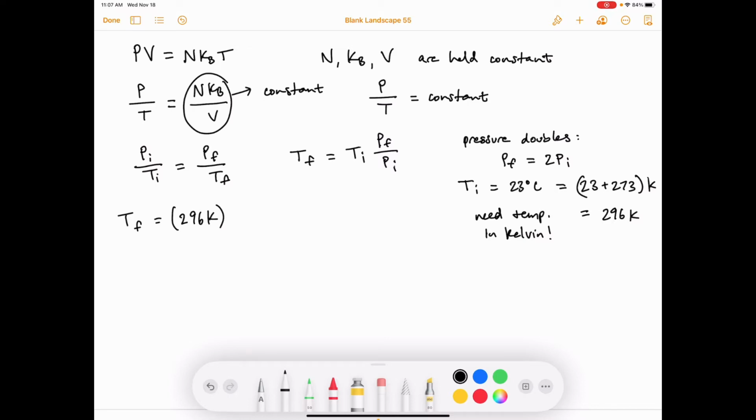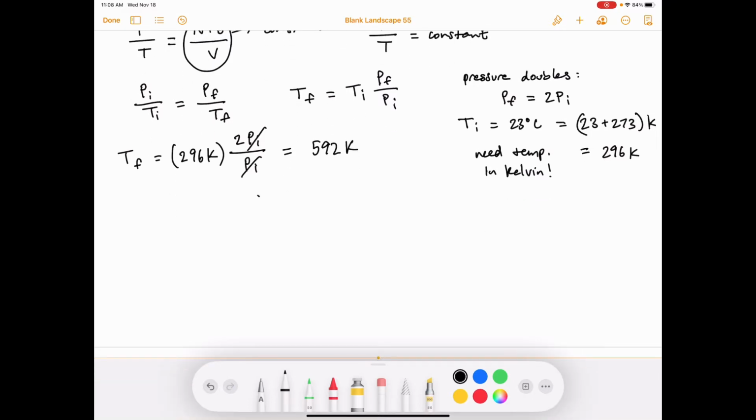P final is 2 times P initial, so I'm going to put that on top. And then we just have P initial on the bottom, so it doesn't even matter what that initial pressure is, just that we've doubled it. So if we take 2 times 296, we get 592 K. And as a final step, we can take that and convert it to Celsius.